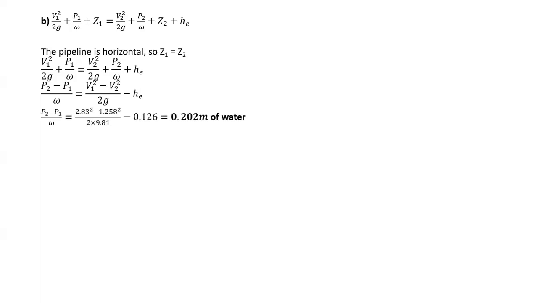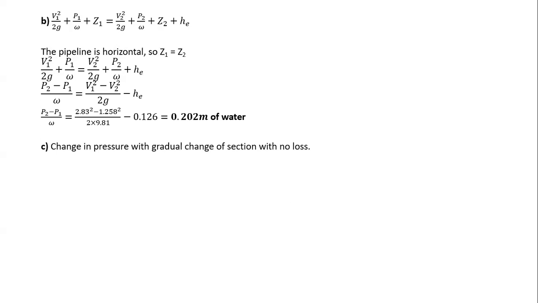Now, we want the pressure difference, which is P2 minus P1. So actually what we're looking for is this P2 minus P1 over omega. Whatever we find is 0.202 meters of water. Here we've just planted everything we have, and we have our answer, 0.202 meters of water.